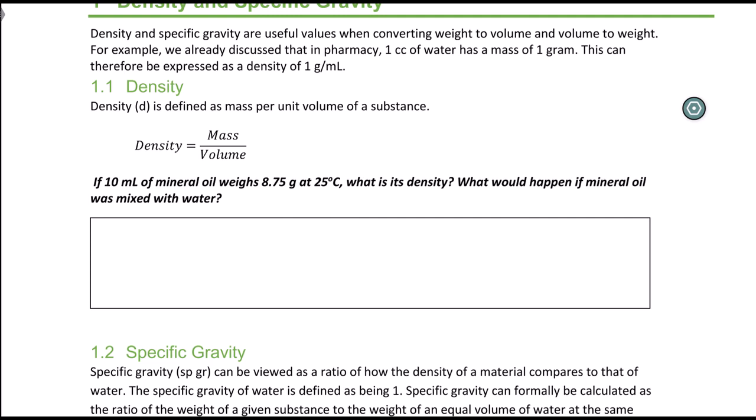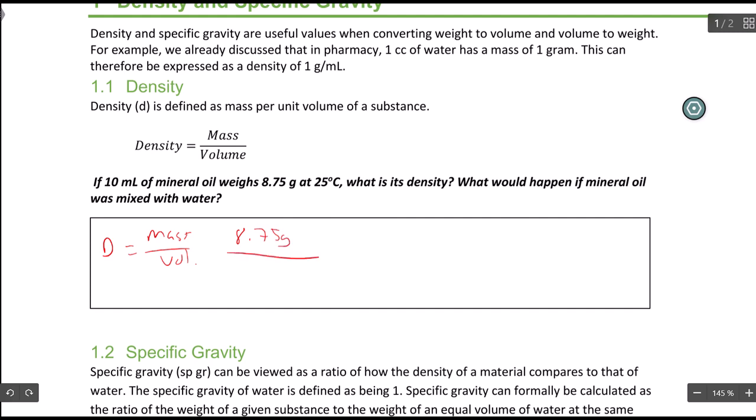Well, we know that density is equal to mass over volume. So for our case, we have the weight is 8.75 grams, and its volume is 10 mLs.